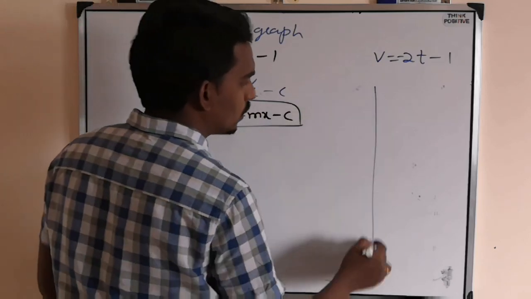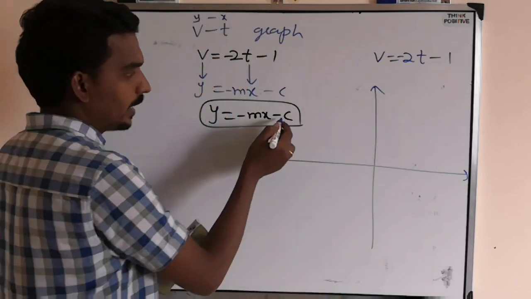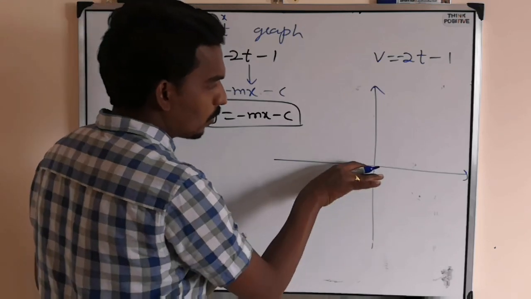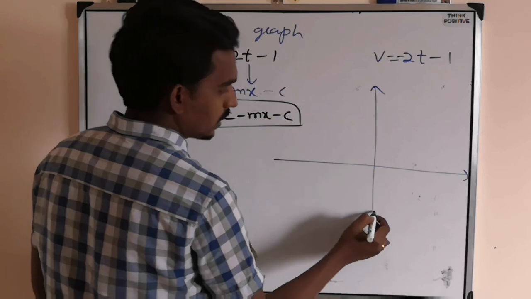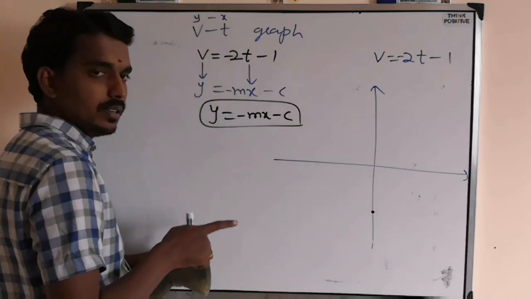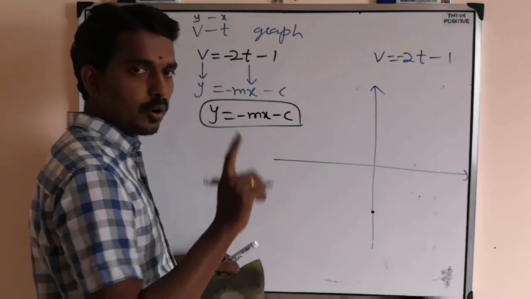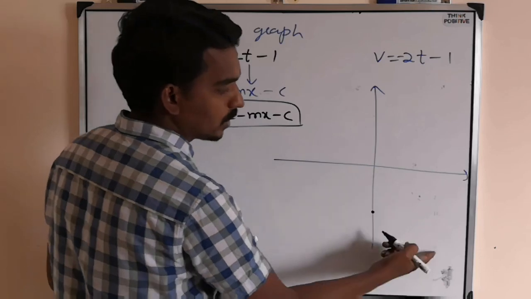Then after this what will you do? You will take the x and y axes. First, negative intercept or positive intercept? Negative means below, positive means above. So the negative intercept is here somewhere. Then positive slope or negative slope? Negative slope. Positive slope means from here to here; negative slope means from here to here.